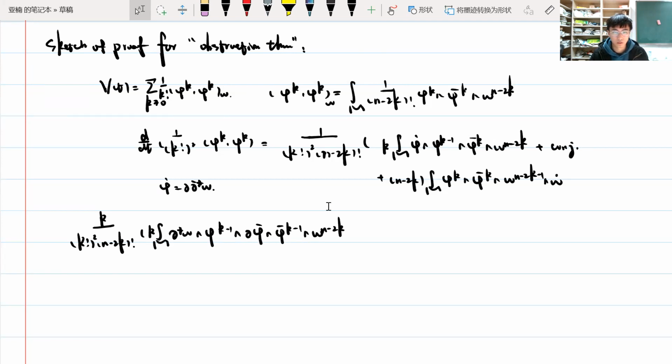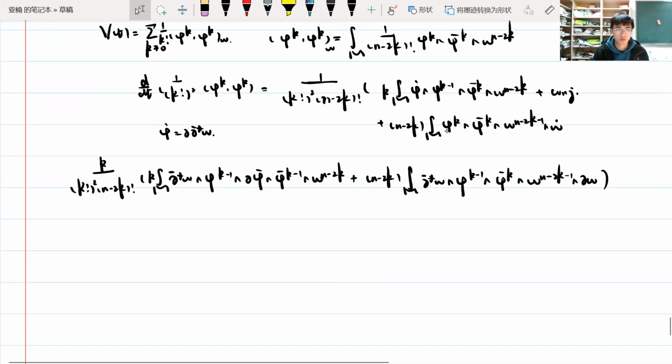And here there is another factor, because here it's n minus 2k. And the second term can be like this.